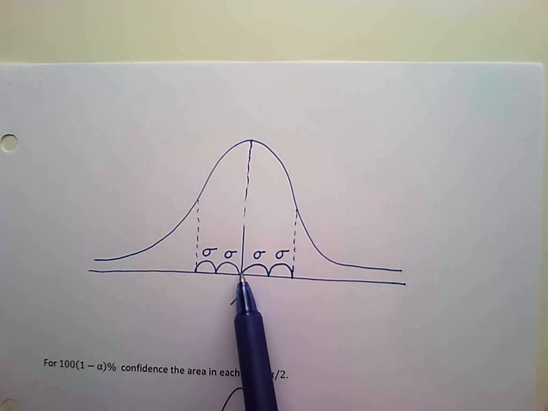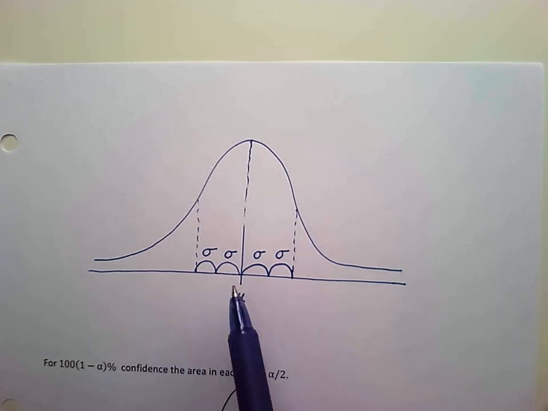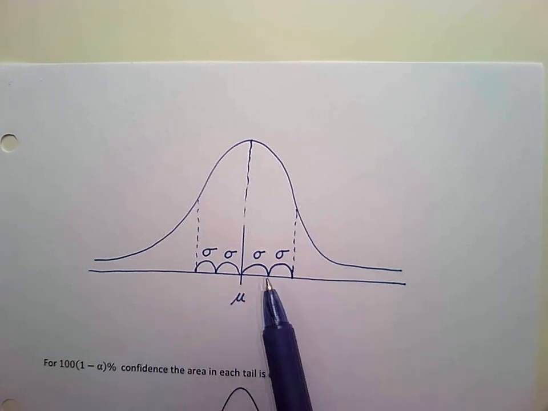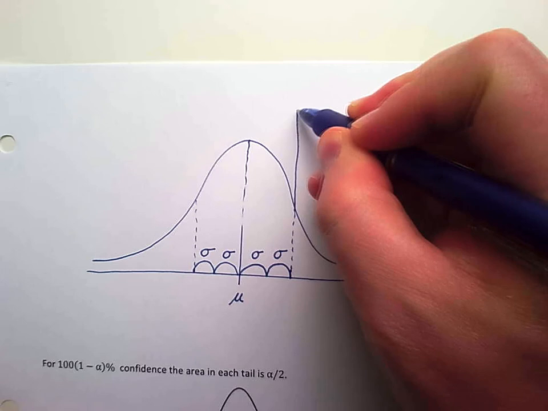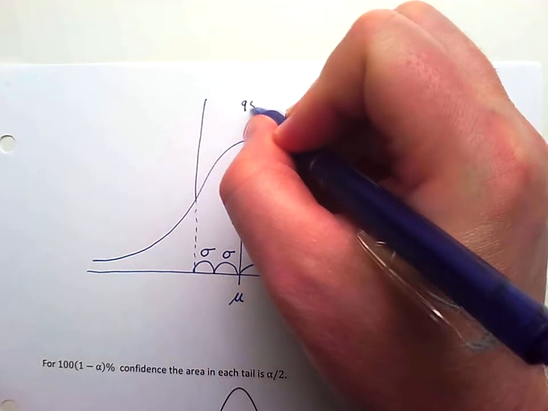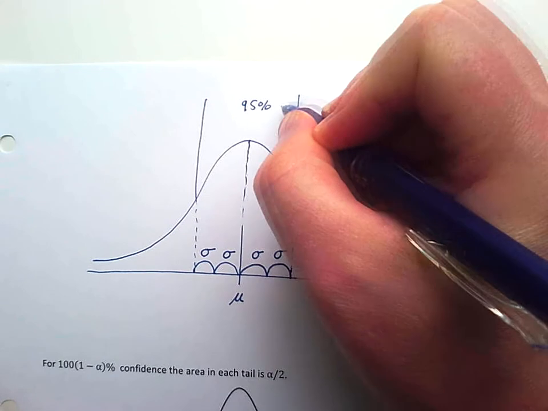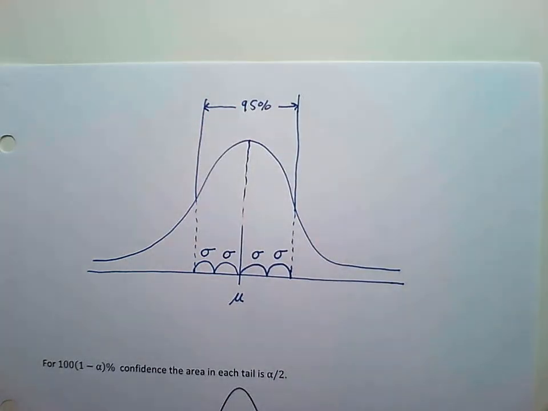Remember those 3 percentages from the empirical rule: 68%, 95%, 99.7%. So therefore, the empirical rule tells us if we go 2 standard deviations above and 2 standard deviations below, then in between these 2 cutoffs, we should have 95% of our distribution, or just of our data. Alright, so exactly what does that mean?